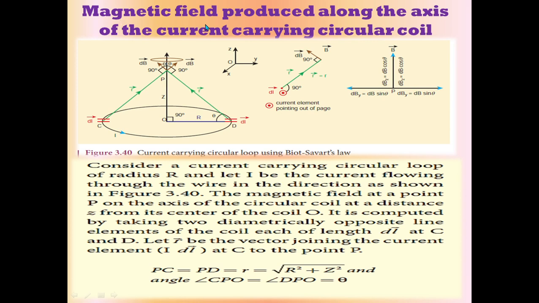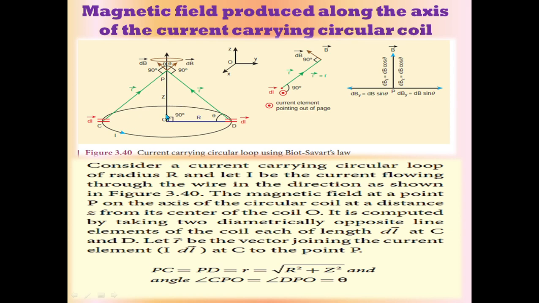Magnetic field produced along the axis of the current carrying circular coil. So this is the diagram. Consider the current carrying circular loop of radius capital R, and let I be the current flowing through the wire in this direction.